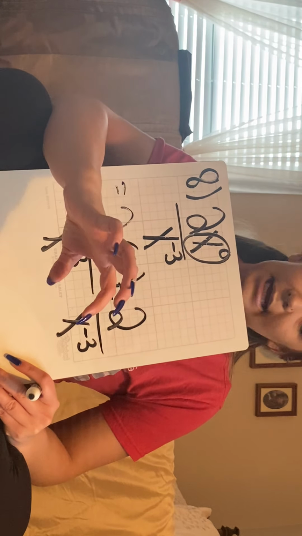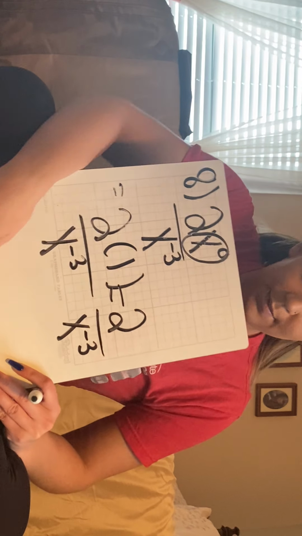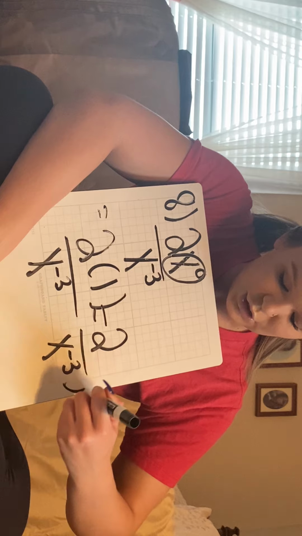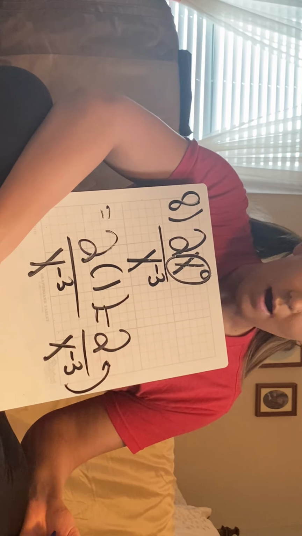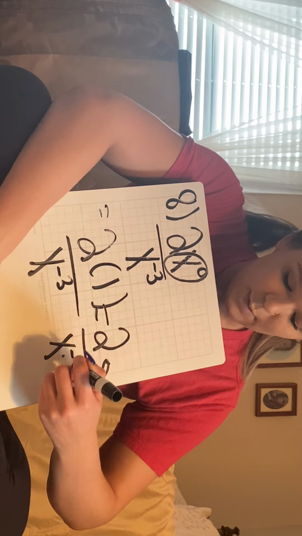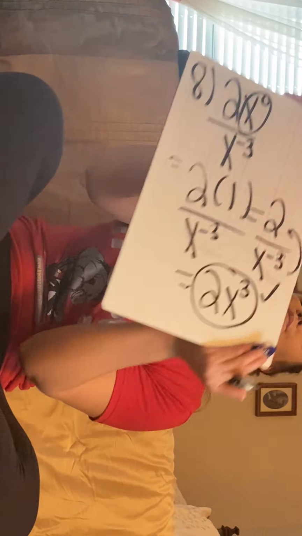And that turns the exponent positive. So even if it's on the bottom, if we flip this x to the negative 3 to the top, this exponent becomes positive. So this is what this is going to look like. It's going to be 2x to the positive 3. And that's going to be your answer, okay?